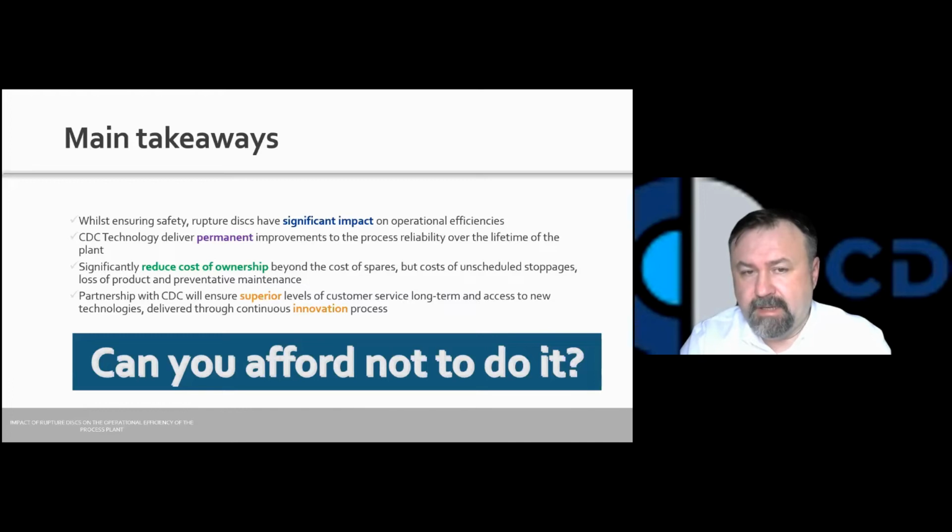Just to conclude, the overview of what we did is, I hope you had, within the time permitted, a little insight into the role of rupture discs in a process. They do have significant impact on operational efficiencies. It could be positive, like we discussed with HPX technology, and it could be negative if other technologies that are less reliable or less advanced are used.